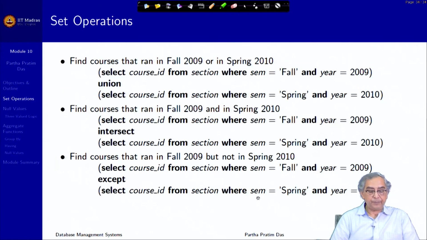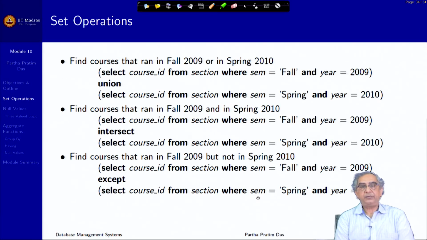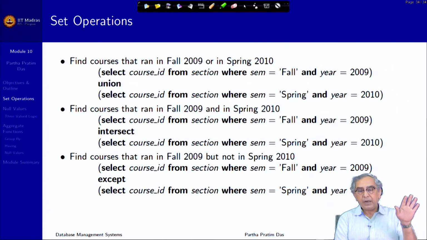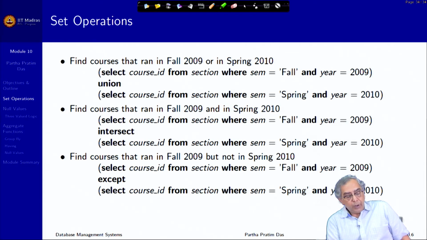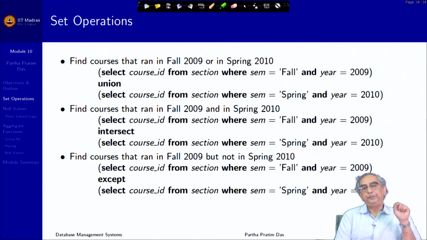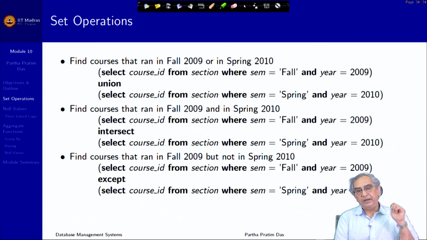Set operations. When we talk about set operations, we very simply treat relations as sets. They are no more multisets. Two relations can be involved in a binary set operation like union, intersection or difference, provided they are identical in structure.